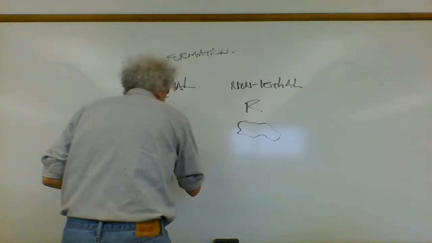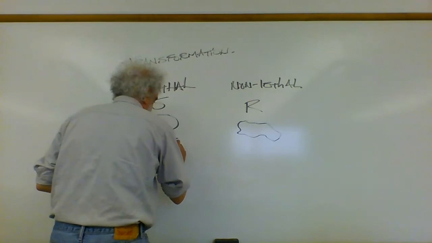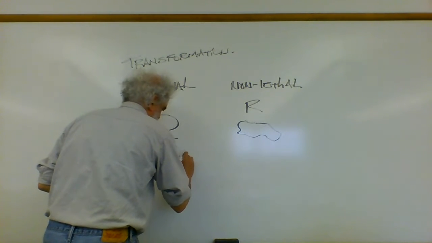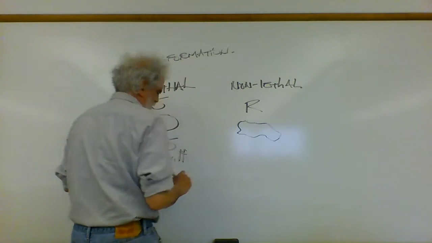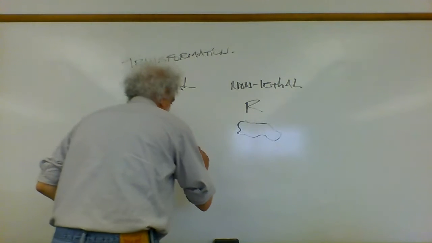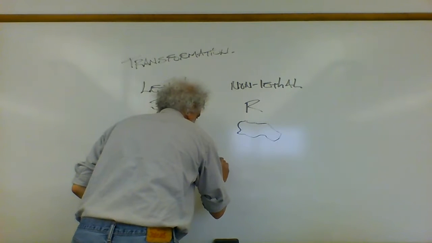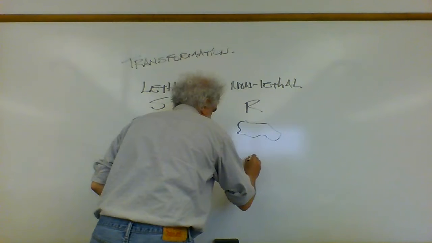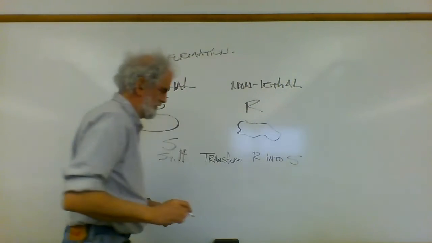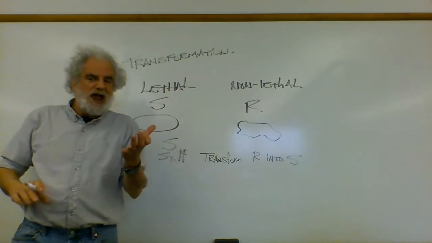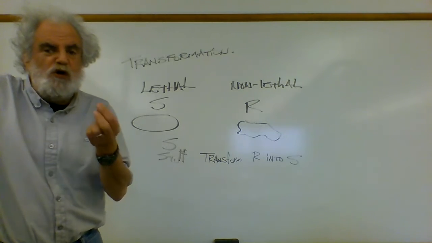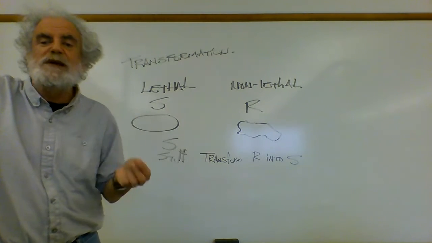That is, S stuff, let's just call it stuff, because he doesn't know what it is yet, it could be protein, it could be lipid, who knows, has the ability to transform an R strain into the lethal S strain. And so I think Avery was the one that discovered this transformation, and he called this mysterious substance the transforming element.